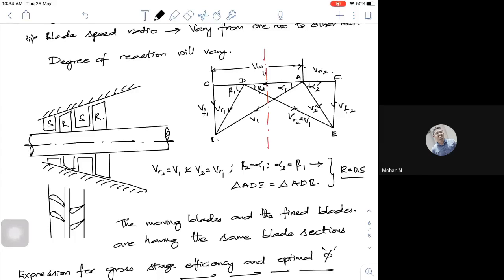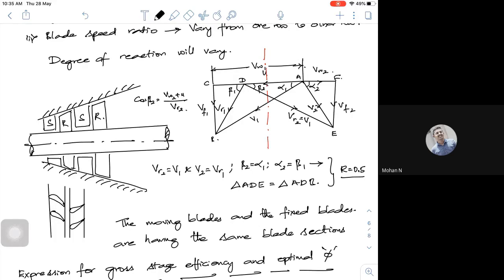So cos beta 2 is equal to VW2 plus U, divided by VR2.